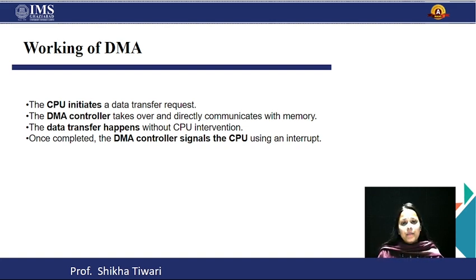While the DMA is doing the data transfer, the CPU will not intervene. The CPU is busy with other tasks and DMA is doing its task. Once the DMA completes its task, it gives up the control of the buses and the control is taken over by the CPU for further execution of the process.